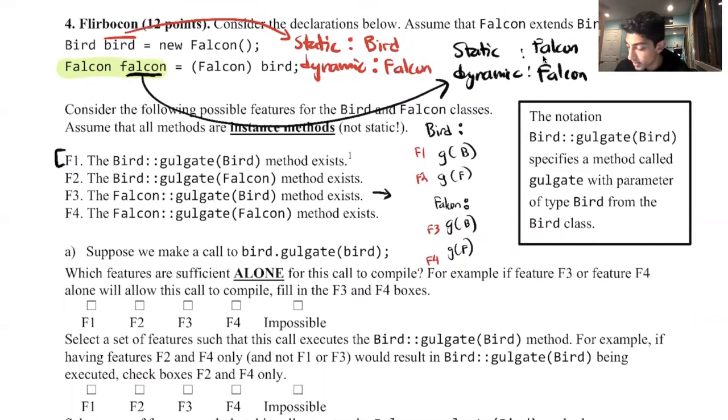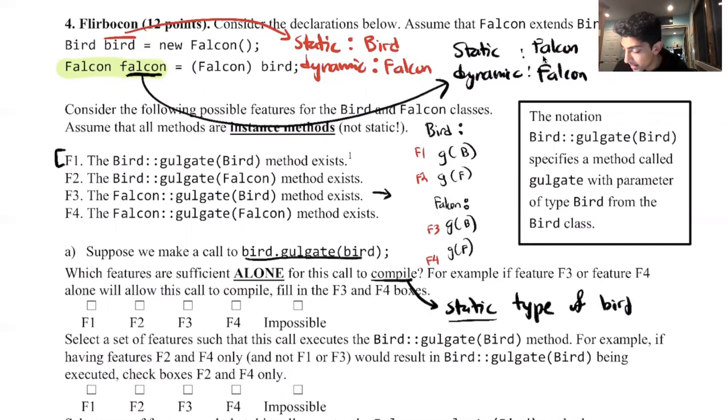Since we only care about compile time, that's a very clear indication that we care about the static type of bird, because during compilation, we care about the static type. During runtime, we care about the dynamic type.